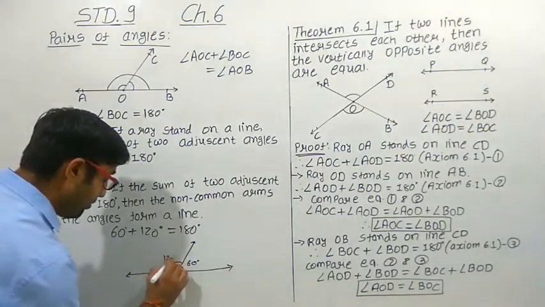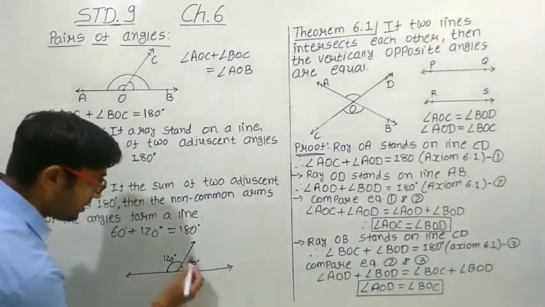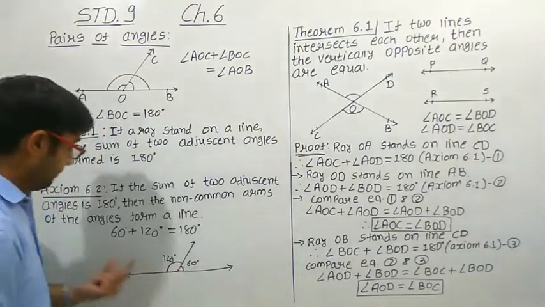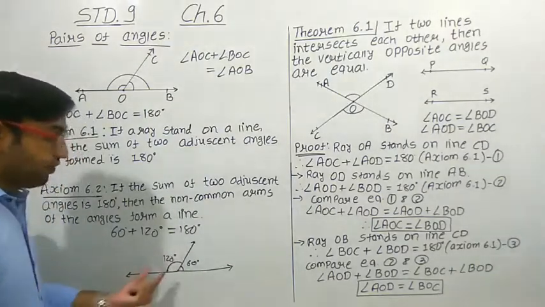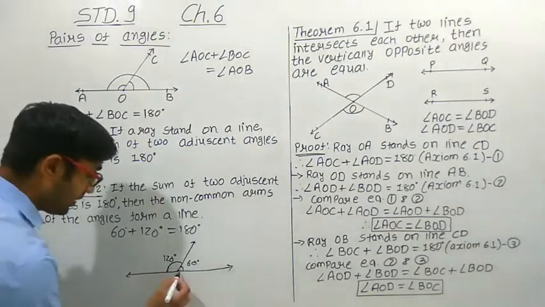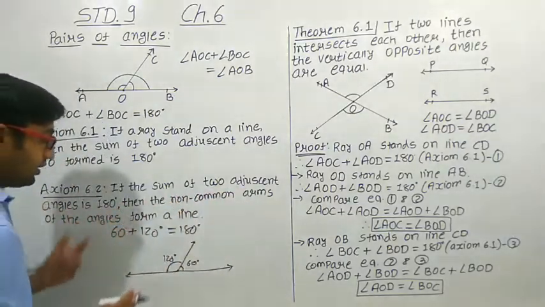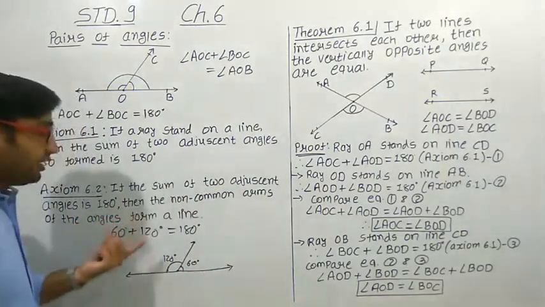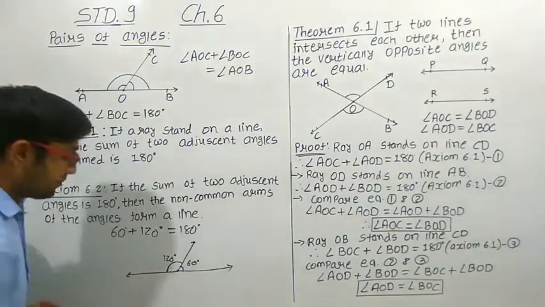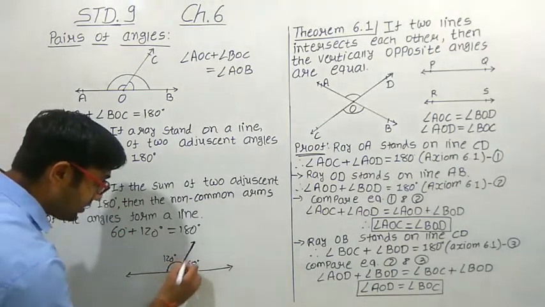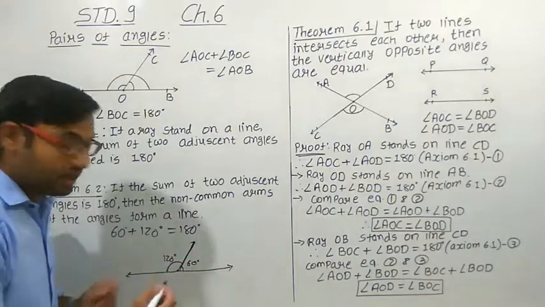So this is the first angle, that is of 60 degrees. This is the second angle, that is of 120 degrees. Now see, these two angles are adjacent angles. The sum of the two adjacent angles is 180 degrees, yes. Non-common arms: see, this arm is the common arm of both the angles.